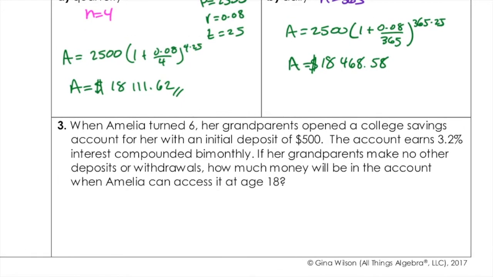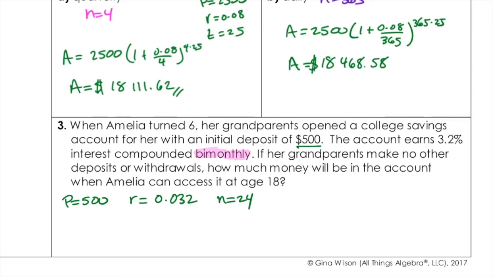It says, when Amelia turned 6, her grandfathers opened a college savings account for her with an initial deposit of 500. So we know that P equals 500. The account earns 3.2% interest compounded bi-monthly, so that means twice a month. So R equals 0.032, and bi-monthly means N is going to be 24, because it's twice a month, so 2 times 12.